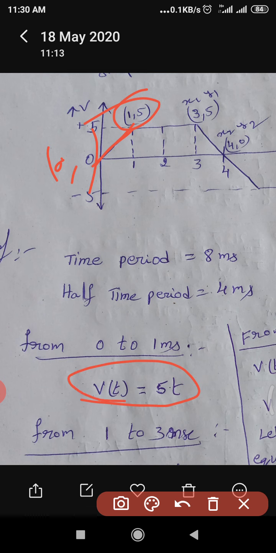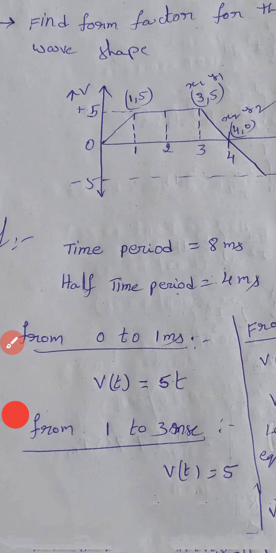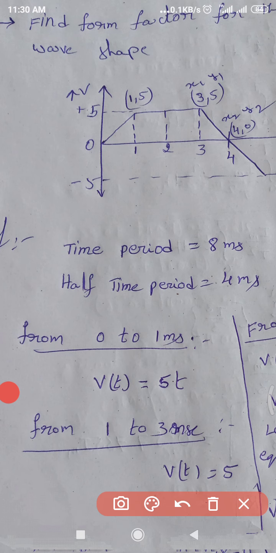After that we have to calculate the value for 1 to 3. If you observe here, from 1 to 3 there is only a straight line. That means v of t is equal to only 5. There is no multiple of t. Okay?